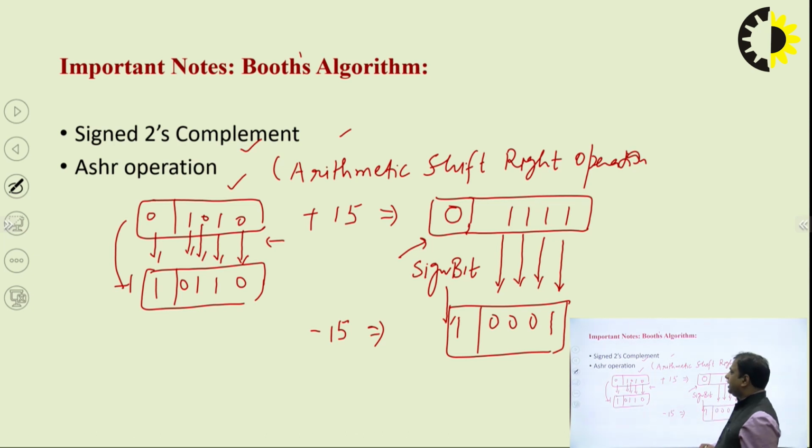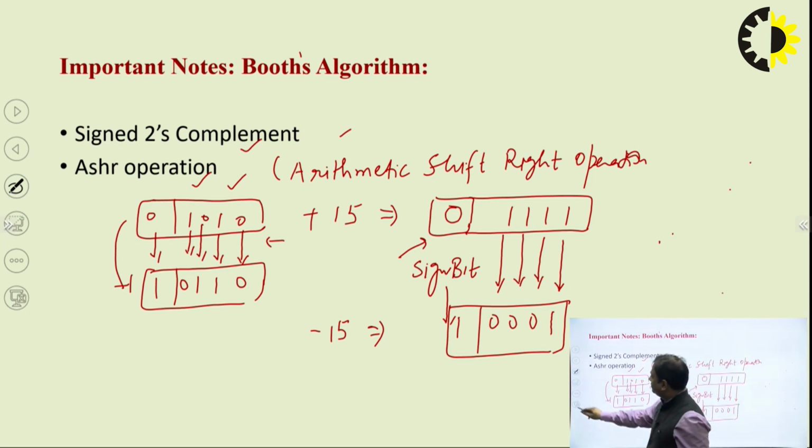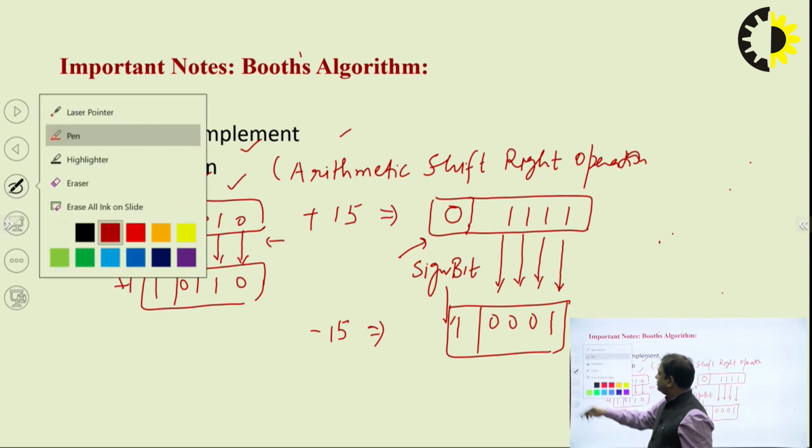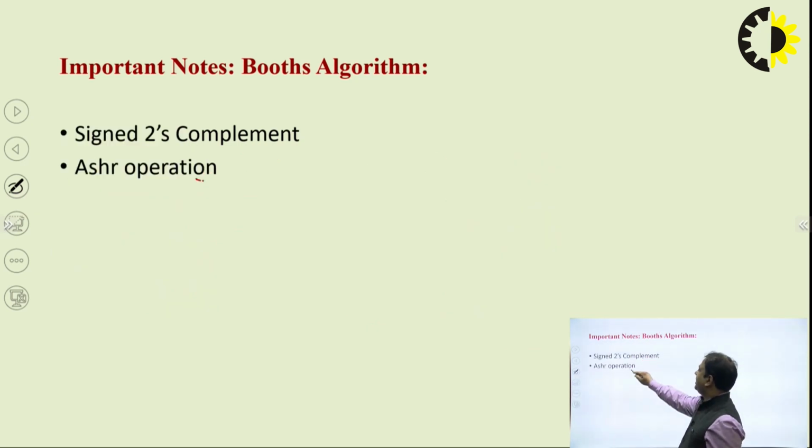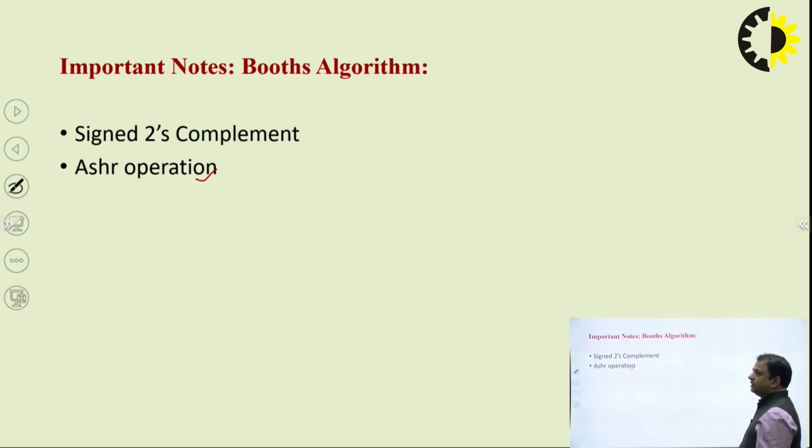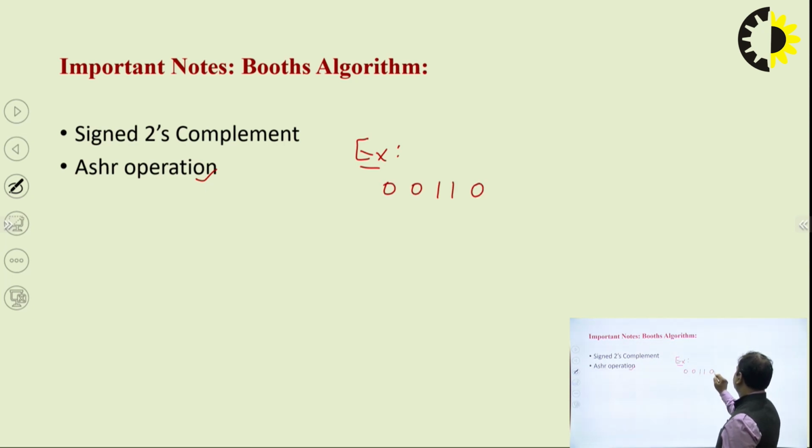Second is the arithmetic shift right operation. What is the importance of the arithmetic shift right operation? This says to shift the bits to the right. How? Take an example. For example, we have a bit sequence and I say make an arithmetic shift right operation.